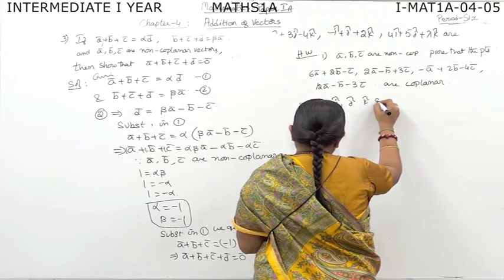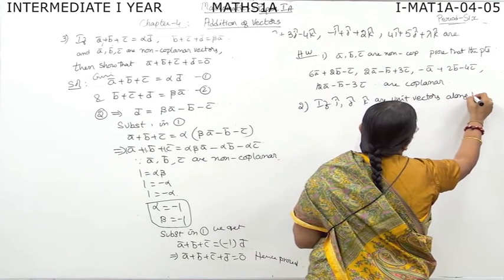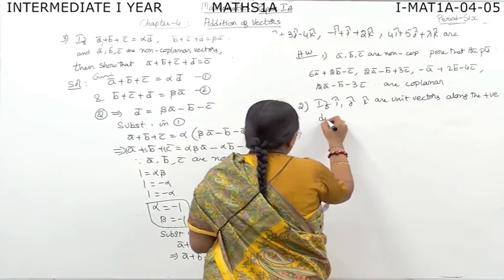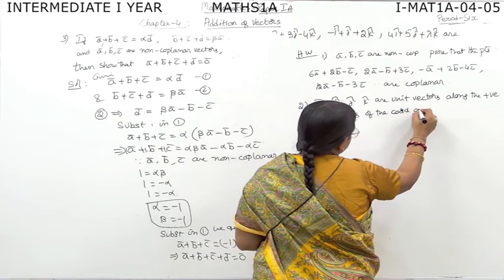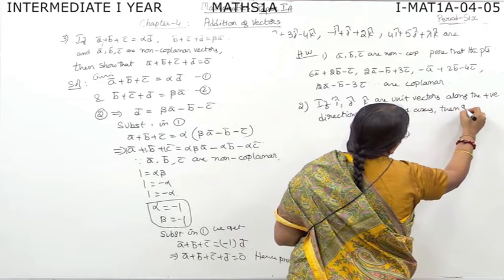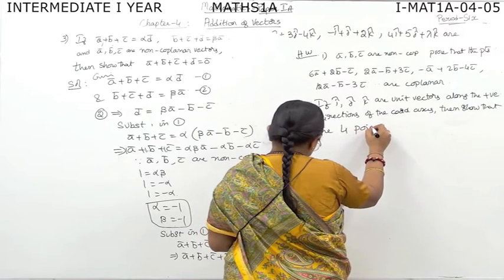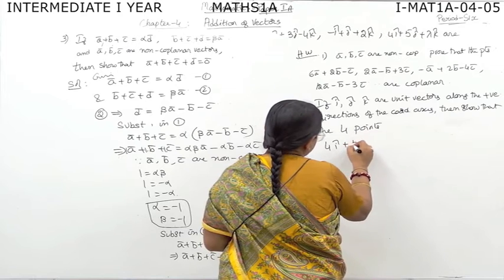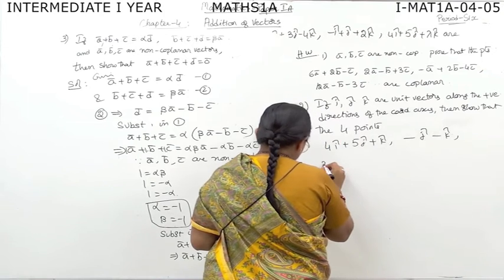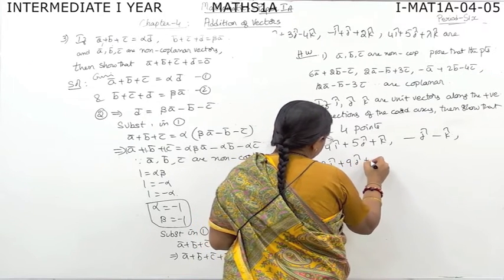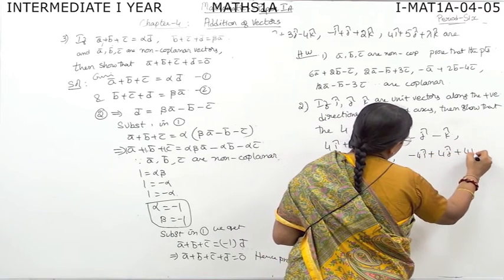Now if i, j, k are unit vectors along the positive directions of the coordinate axes, then show that the 4 points 4i plus 5j plus k, and then minus j minus k, and then 3i plus 9j plus 4k, and then minus 4i plus 4j plus 4k are coplanar.